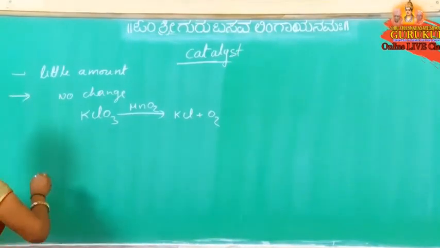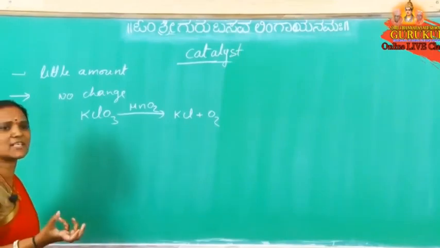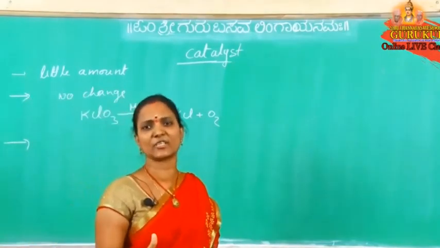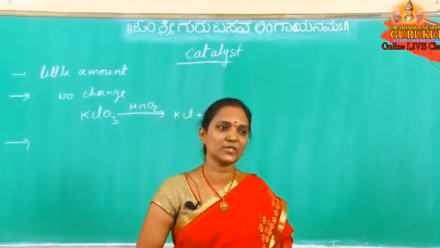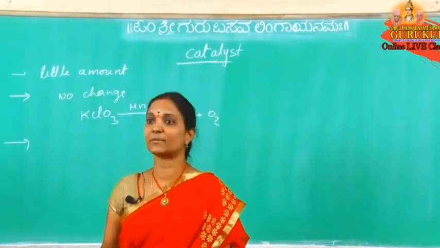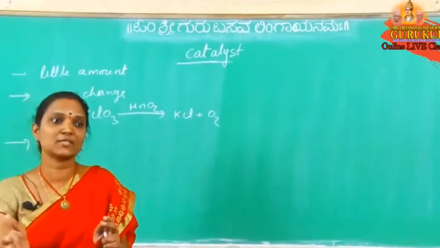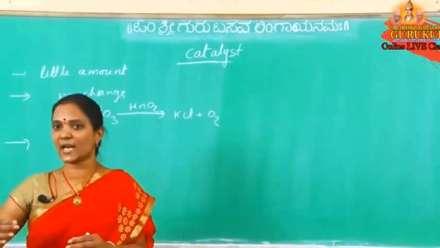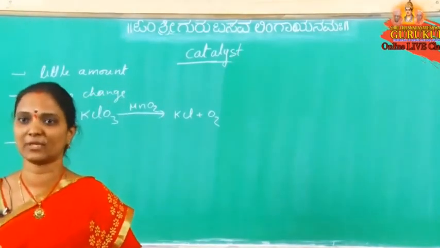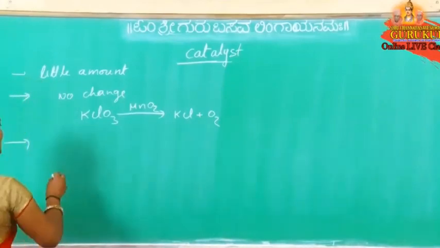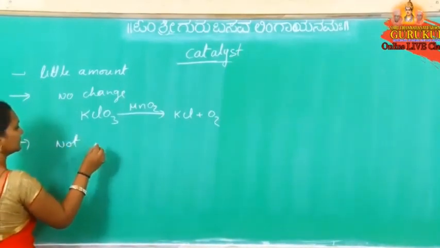Next, does a catalyst initiate the reaction or not? Does it start the reaction, or does it just alter the rate of reaction? Once the reaction has started, the catalyst does not initiate the reaction. The reaction started but it is a slow reaction. To that, the catalyst is added, and it speeds up the process.